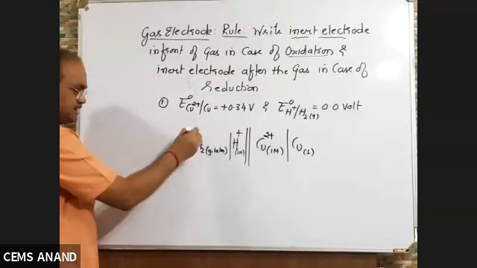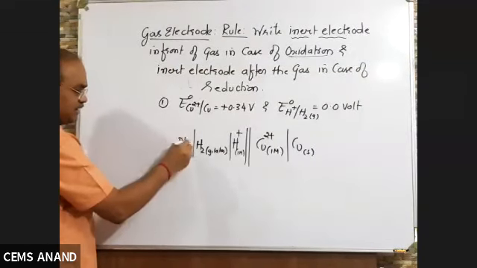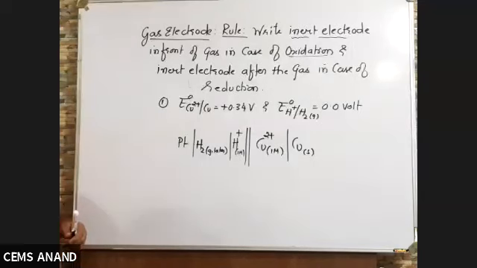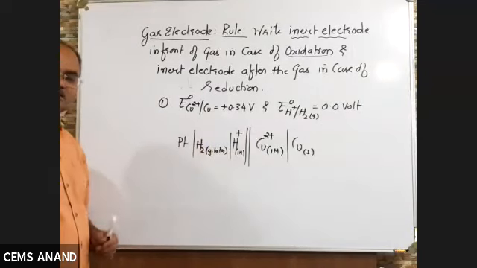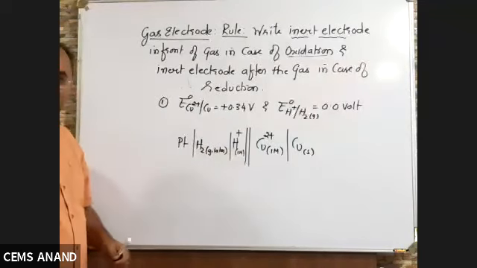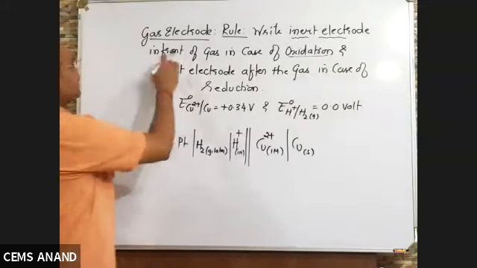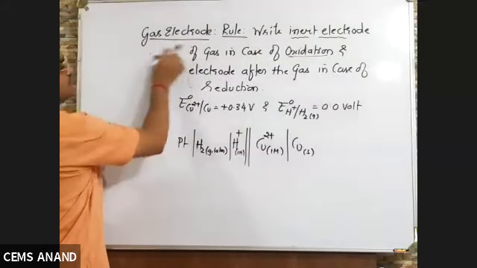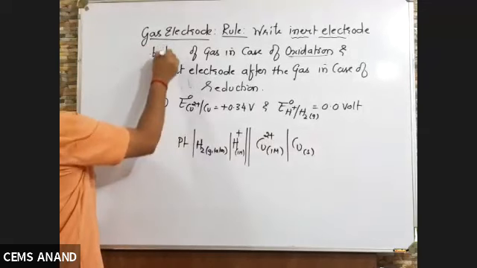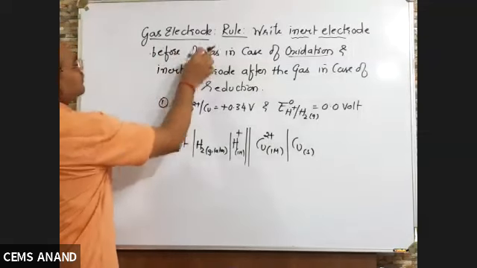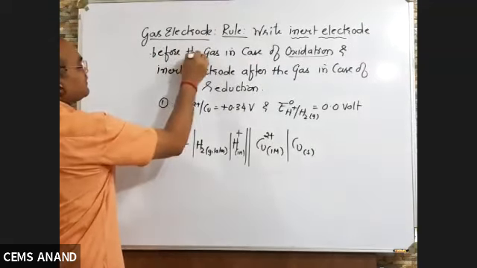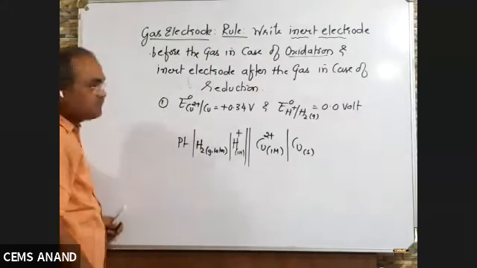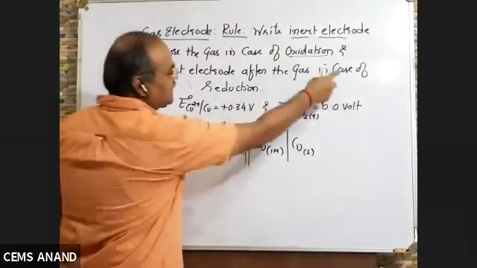So this is a gas; before the gas, you have to write platinum. So this is called the representation of the given cell. You have to write inert electrode before the gas in case of oxidation, and inert electrode after the gas in case of reduction.